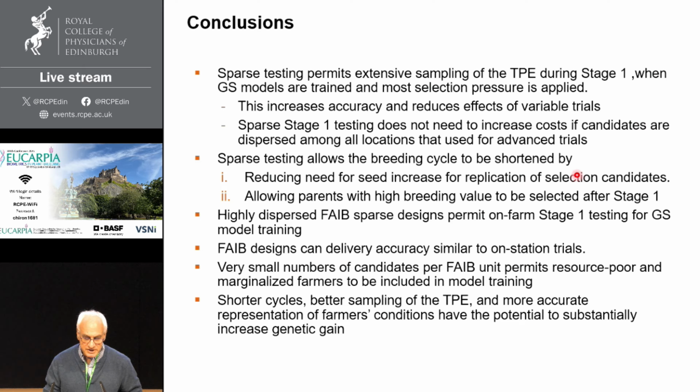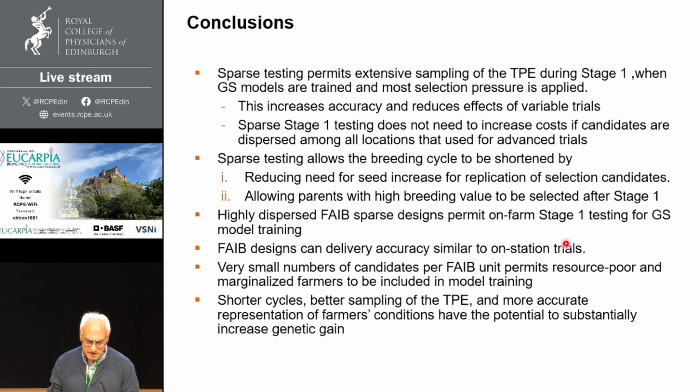It allows the breeding cycle to be shortened by reducing the need for seed increase for replication of selection candidates and by allowing parents with high breeding value to be selected after stage 1. And it permits, if we apply farmers' incomplete block designs, we can get an estimate of breeding value for on-farm performance from stage 1 and apply that in genomic prediction.